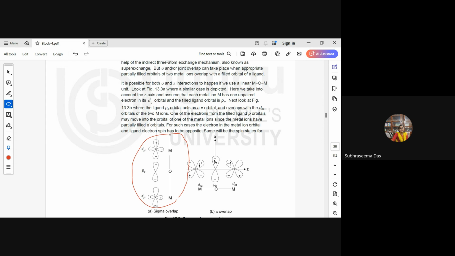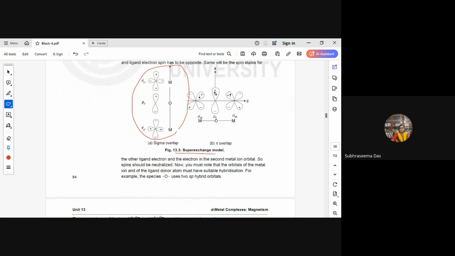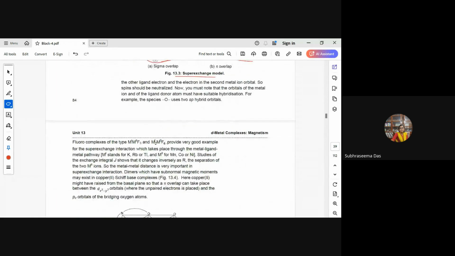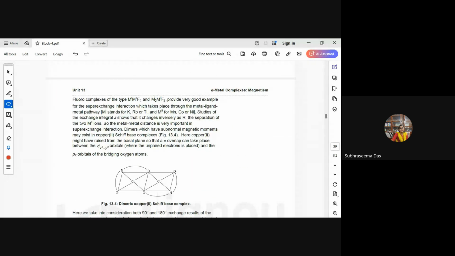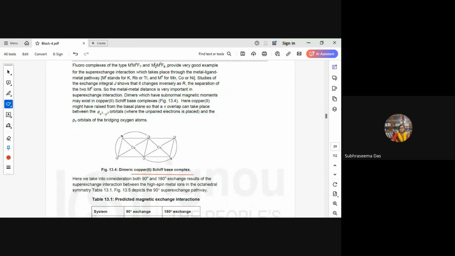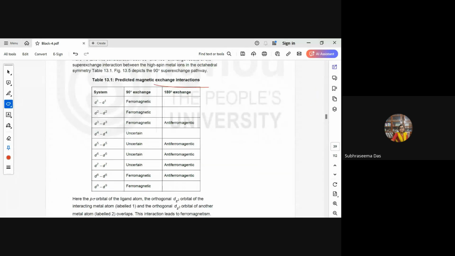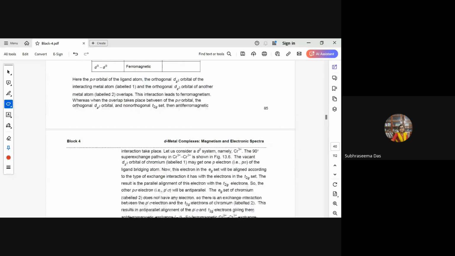So for such an overlap, either the sigma overlap or the pi overlap, it causes antiferromagnetism. Now, one of the examples is dimeric copper Schiff base complexes. Table 13.5 shows the predicted exchange interactions for different systems.